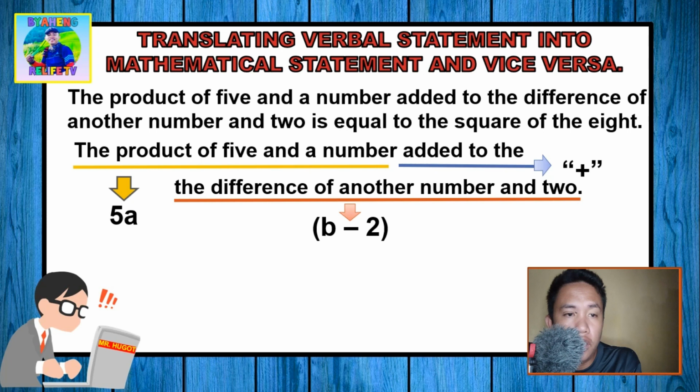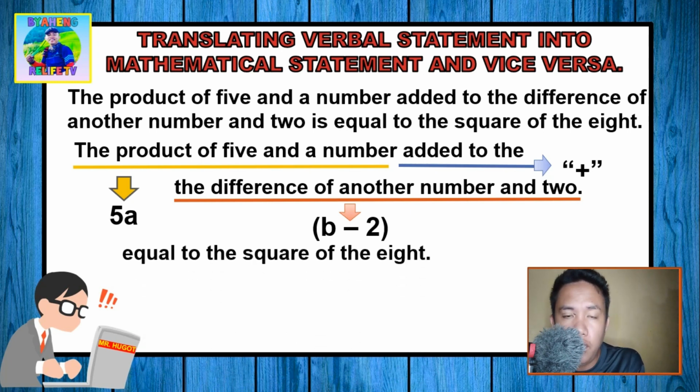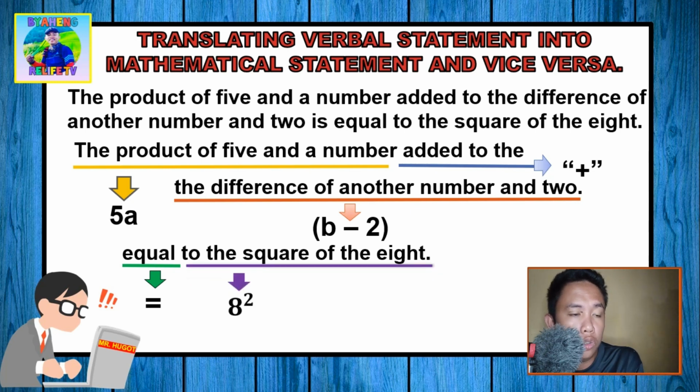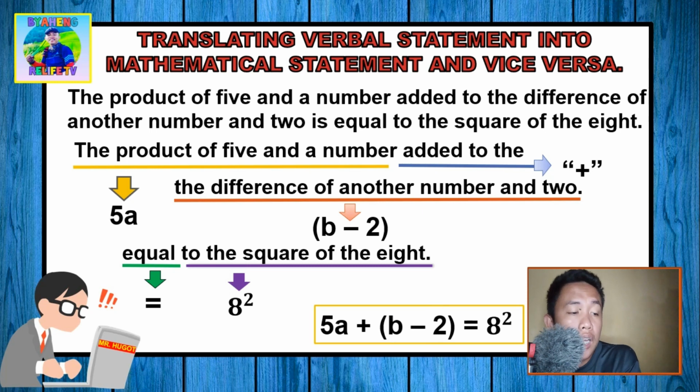Tapos guys, we're going to deal with the words equal to square of 8. That will become equal, so definitely equal sign yun. Square of 8, that will become 8 squared. So guys, rewriting them into our equation, that will become 5a plus b minus 2 equals 8 squared.